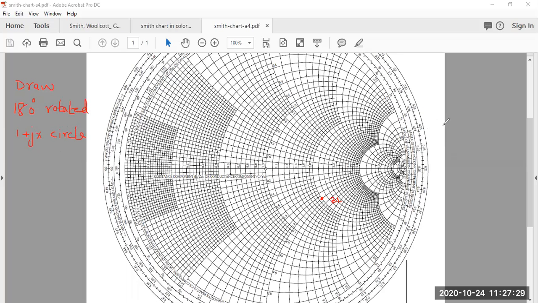If you remember, there are two types of Smith chart: one is the impedance Smith chart and the other is the admittance Smith chart. The chart that you are right now looking at is the impedance Smith chart.